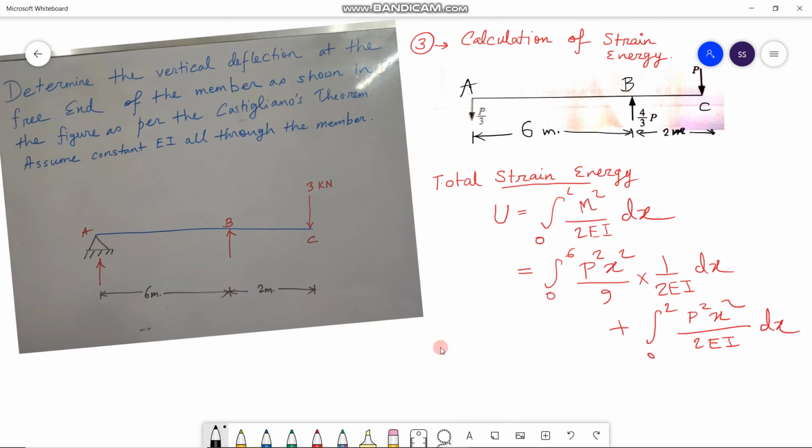Upon further calculation of this integration process, we get total strain energy U equals 5.33 by EI P square.